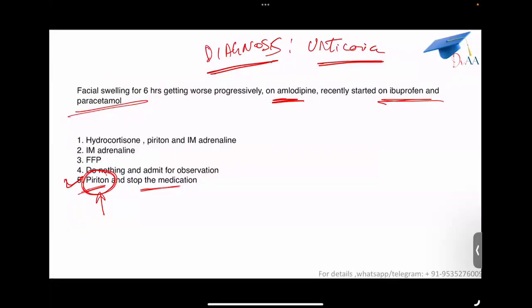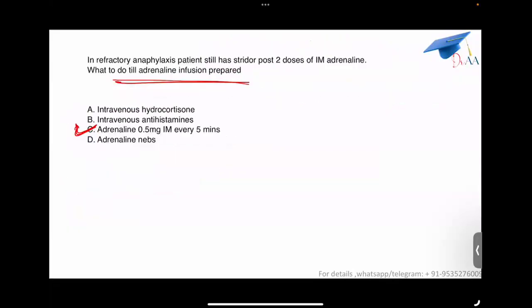No, not this one, the previous question. Sorry, this one. Yeah. In refractory anaphylaxis, this patient had airway complication. So the priority, when we are preparing the adrenaline infusion, what will we do? Adrenaline IM or adrenaline nebulizer?